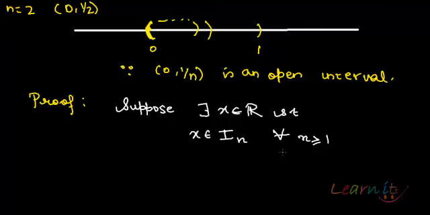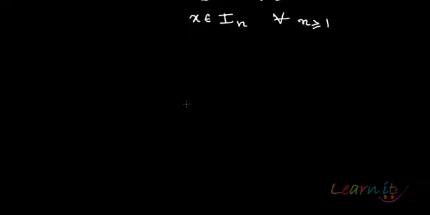Suppose we have something in common, basically, that's what we are trying to say. Then it will be something like, this is 0, 1 by n will be anywhere, and say this is x.